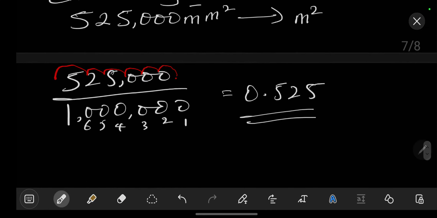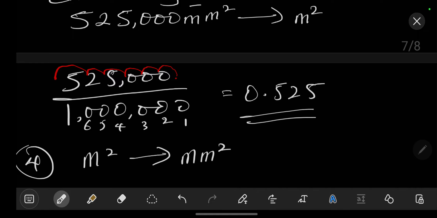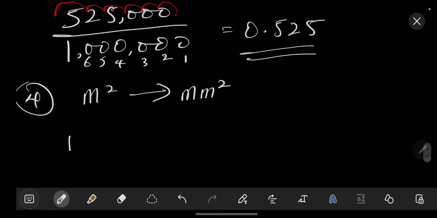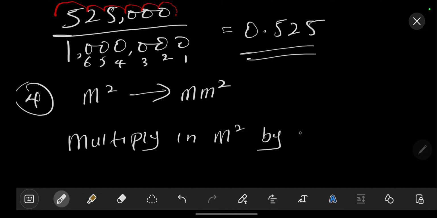Now, before the fourth one, if you want to convert from meter square back to millimeter square, all you've got to do is multiply your value in meter square by 1 million, the same 1 million.